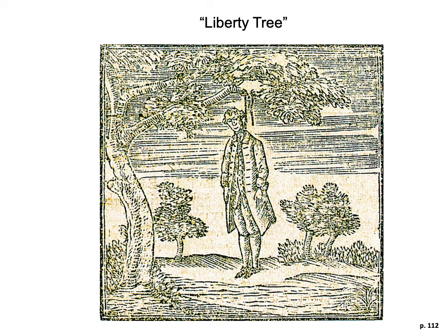And this is not a real person being hung by their neck, but rather an effigy of a person. And they hung this up outside the house of a British official who was acting as a Stamp Act collector as a warning. And they called the tree the Liberty Tree. Needless to say, the Stamp Act collector himself, as well as his family, were quite upset, and they voluntarily returned to Britain.